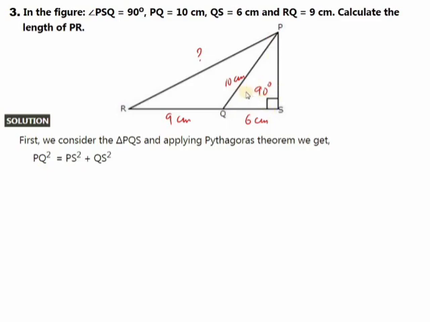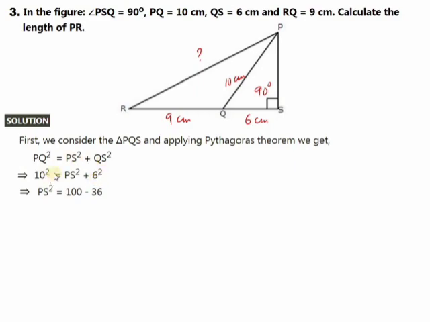Now let's see what are the things that we know. PQ is given to be 10, so it becomes 10 square is equal to PS square plus QS square. Do we know PS? No, so PS is kept as it is, but QS is equal to 6 centimeters. So 10 square is 100, 6 square is 36.